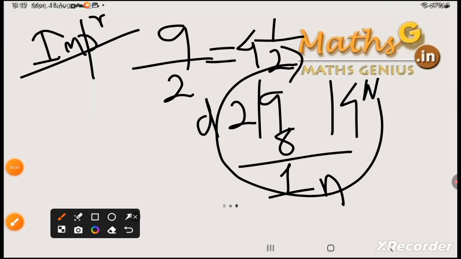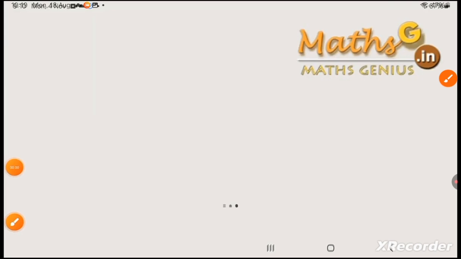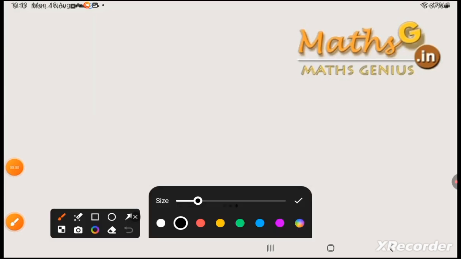How do you get back the number? 4 into 2 plus 1, that is 4 2's are 8 plus 1, equal to 9, and the denominator will stay as it is. So this is how we convert an improper fraction to a mixed fraction.